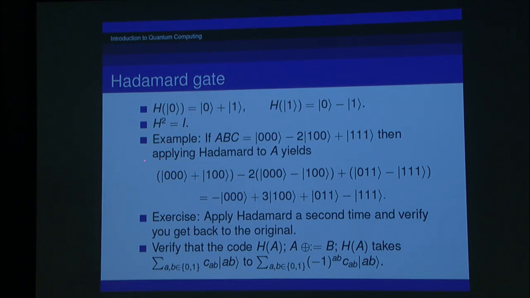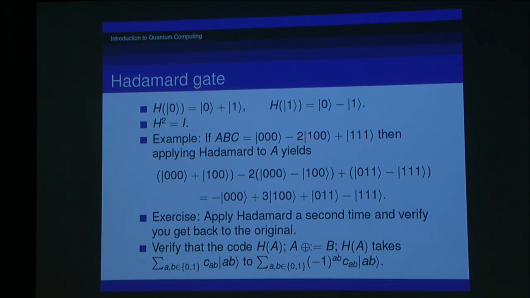All right. So for example, if ABC is this state, then applying Hadamard to A, this 0 becomes a 0 plus 1, with the other 2 bits untouched.